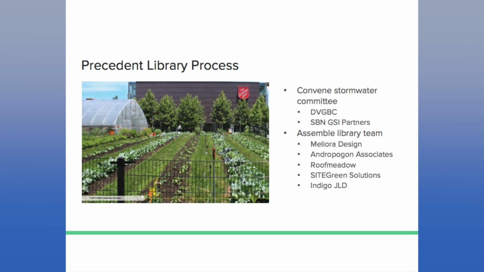So that's where DVGVC comes in. We were the project manager on all of these tactical pieces. So we coordinated and convened the committee. We put on this program series, and then we're one of the co-project managers on the Precedent Library.